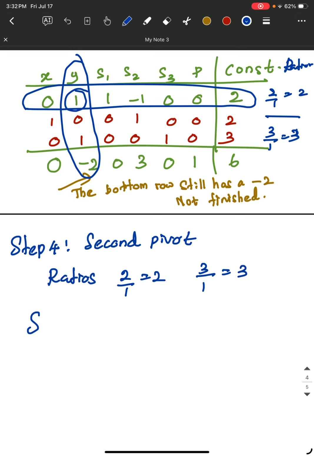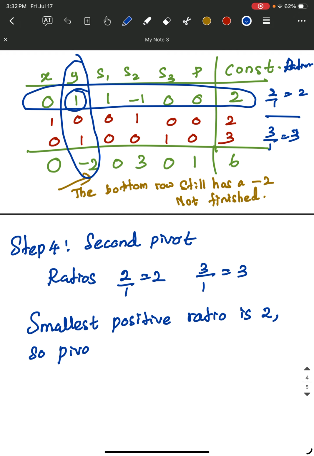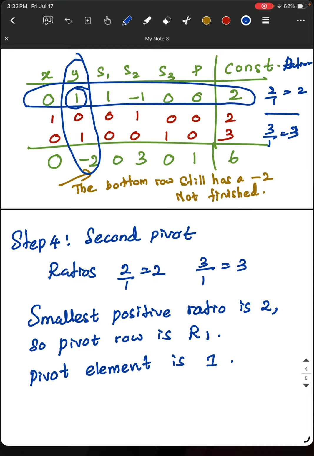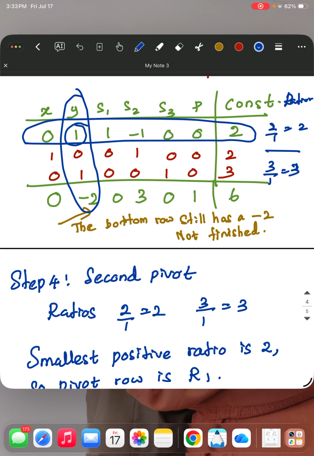Smallest positive ratio is 2. So pivot row is R1 and pivot element is 1. Then use row operations again.